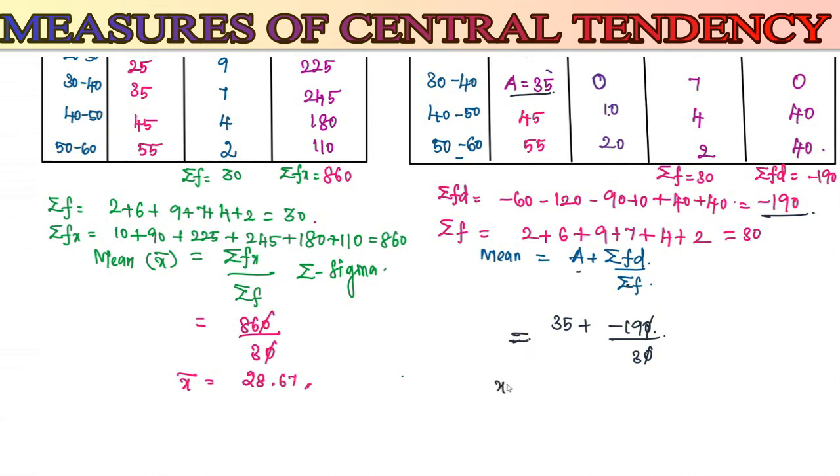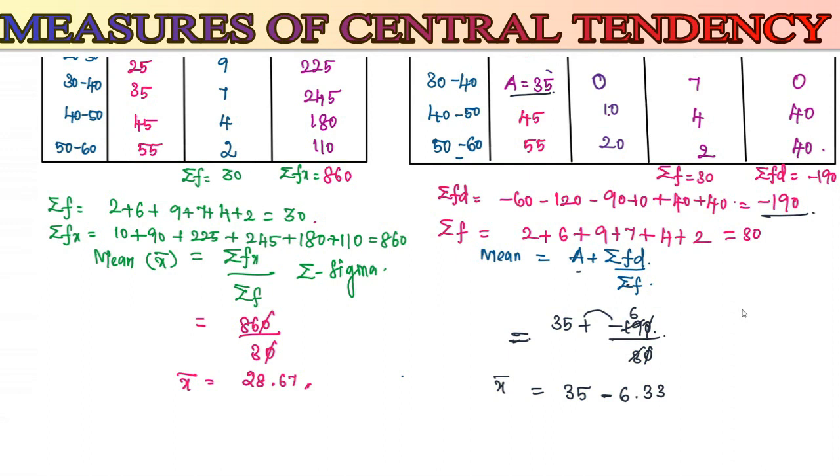X bar is equal to 35 plus minus 19 by 3. 3 6s are 18, remainder 1, so 3 3s are 9, remainder 1, giving 6.33.